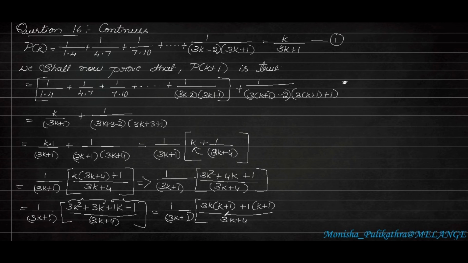So here 3k plus 4. Okay. So next what happens? So here 1 by 3k plus 1 into, k plus 1 is common. So it will be k plus 1 into 3k plus 1 will be remaining, whole divided by 3k plus 4.